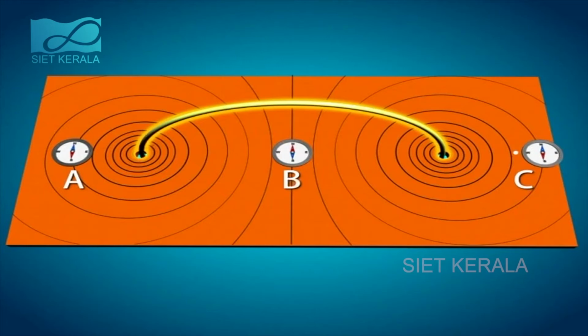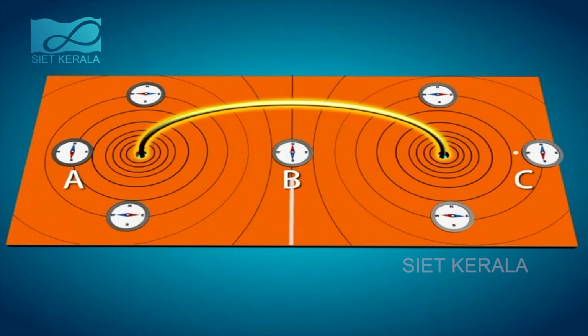In this activity, we can mark points A and C on the cardboard outside the circular coil and B inside. All the points should be in a straight line. Keep a magnetic needle on each of these points and switch on the current.